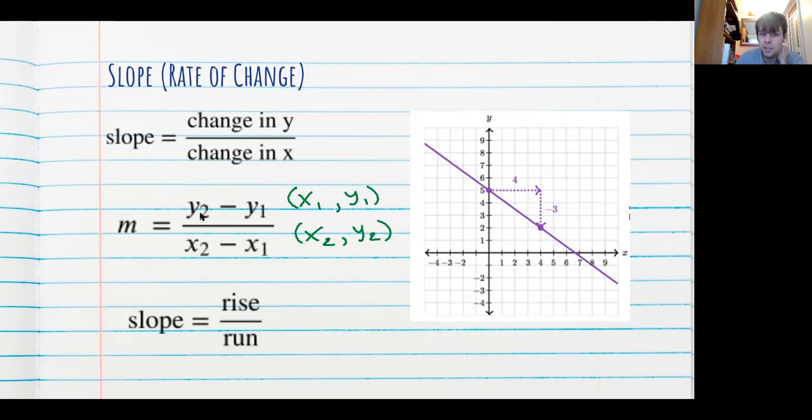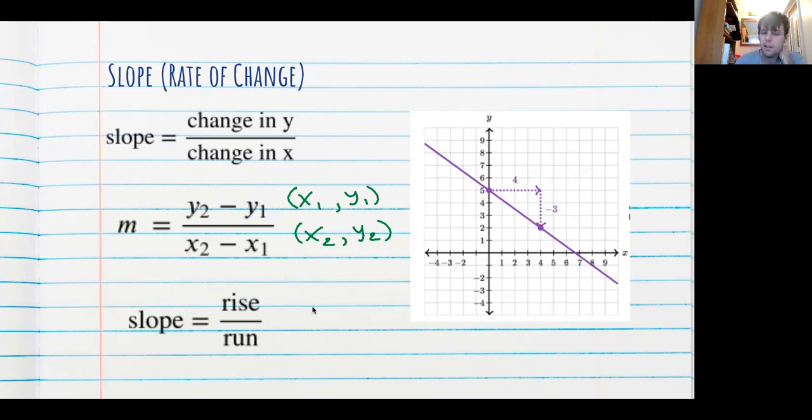It's the same idea. We're calculating the change in y's. What's the difference between our y coordinates? And we're calculating the change in x. What's the difference in our x coordinates? It's really the same thing as this formula, but written out a little more applicably. We can just take some points and plug them in here and calculate it.